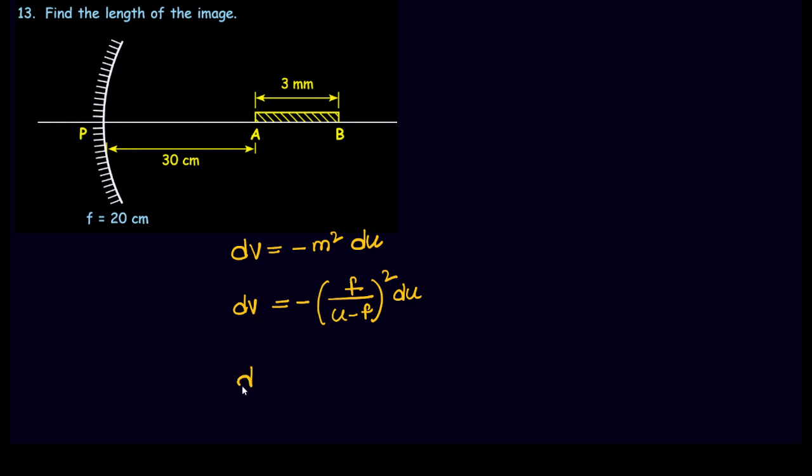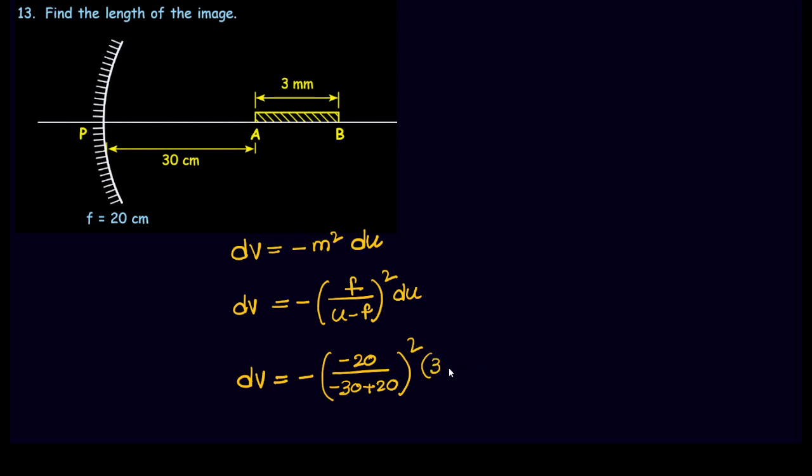The focal length is 20, so we put minus 20 by minus 30 plus 20 whole square into 3 mm.